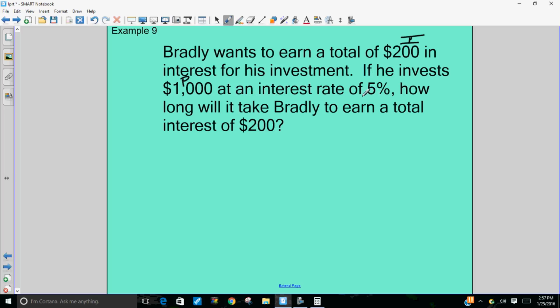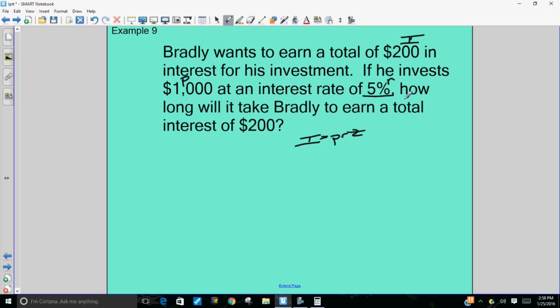At an interest rate of 5%, that's our rate. How long will it take him to earn a total interest of $200? It's saying the same thing here. He wants to earn it. How long will it take to earn it? It's that 200 and that 200 is the same. They're both the I's. So remember, I equals PRT.